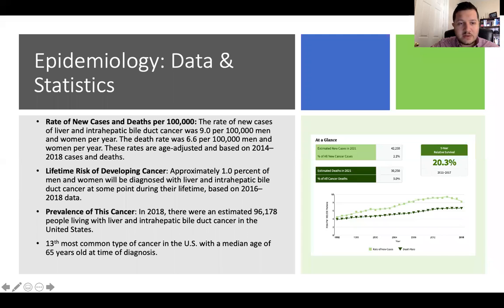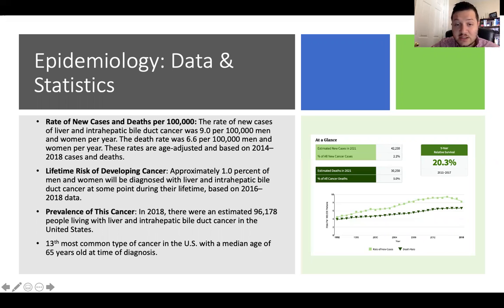So let's get into the epidemiology, the data and statistics regarding liver cancer. So the rate of new cases of liver cancer is about 9 per 100,000 men and women per year, and the death rate is about 6.6 per 100,000 men or women per year.